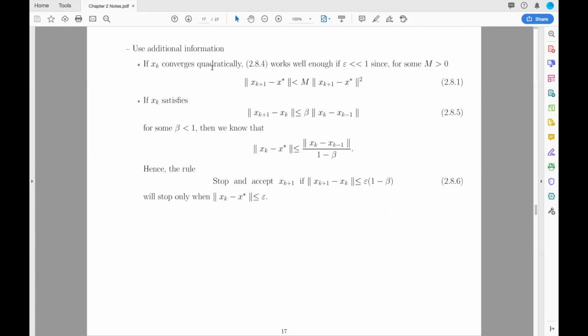Now, sometimes we have some other evidence. Sometimes we know, for example, if we're using a pure Newton's method, we know that the sequence of solutions or guesses will converge quadratically. So if we know that, then it's easy to come up with some rule for stopping.